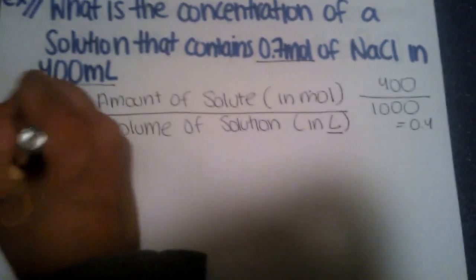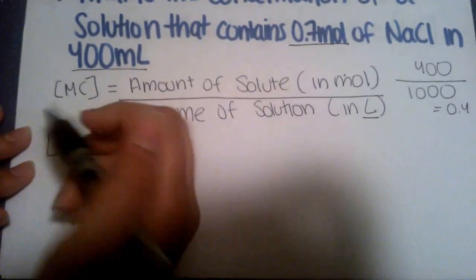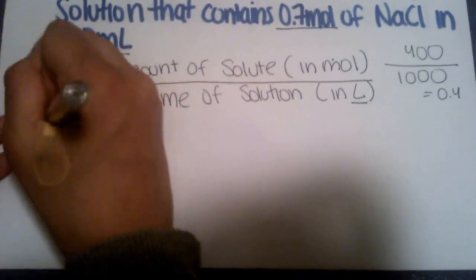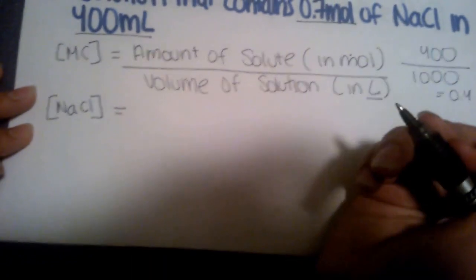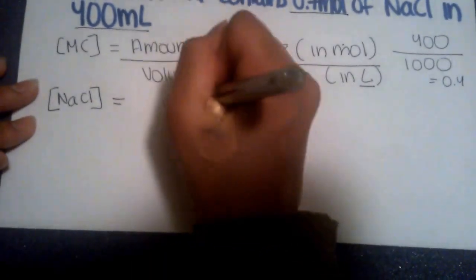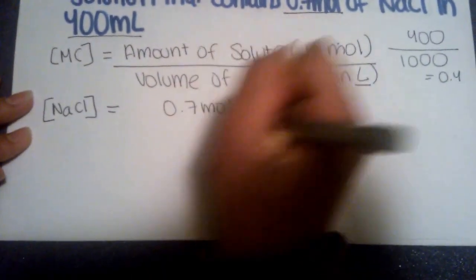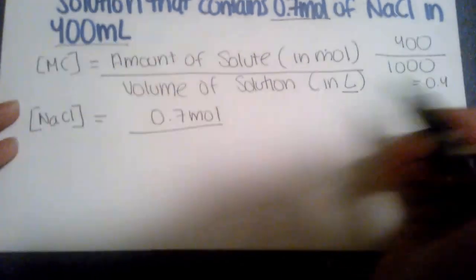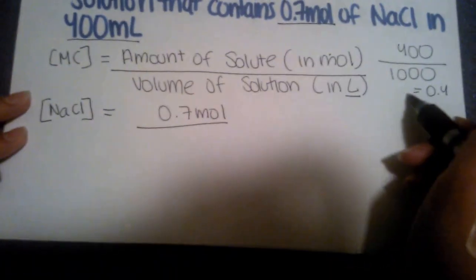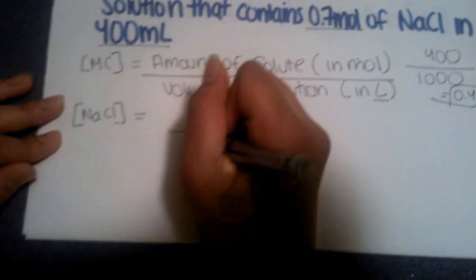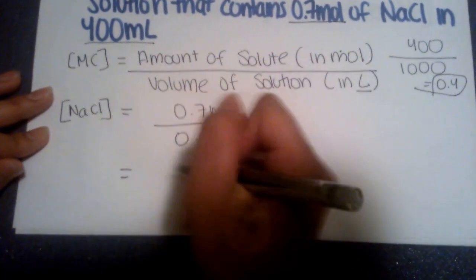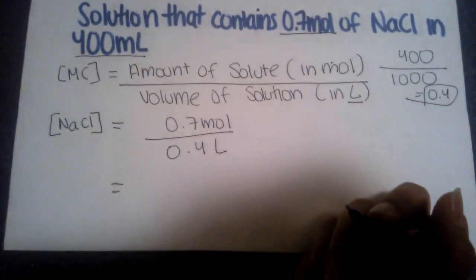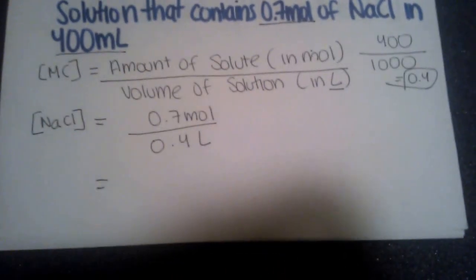So in the brackets of molar concentration, you should write your formula. NaCl equals amount of solute, which is given, 0.7 moles, over the volume, which is 0.4 liters. I'll give you guys a second to calculate it.